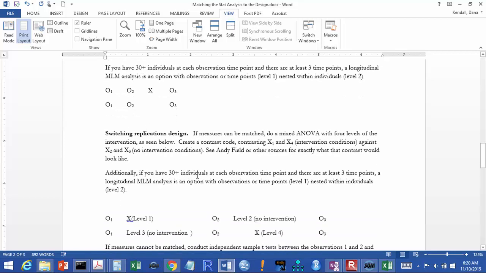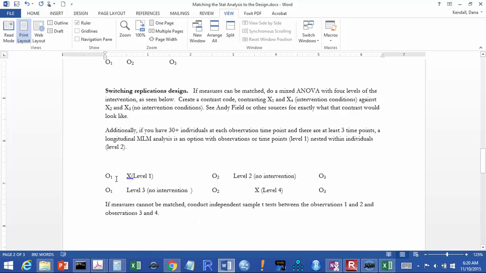The switching replications design is kind of interesting. Remember, it is this idea that you have time 1 and time 2, and you give the intervention, and then between time 2 and time 3, the intervention is removed, or there isn't an intervention that is given. For a second group, let's say we have 2 groups, it's reversed.